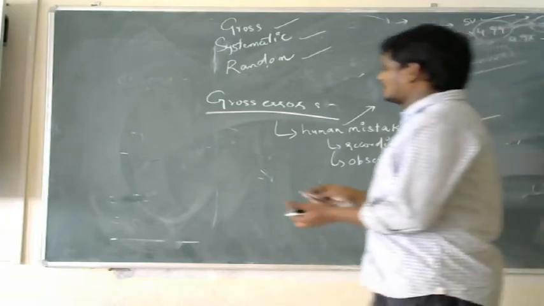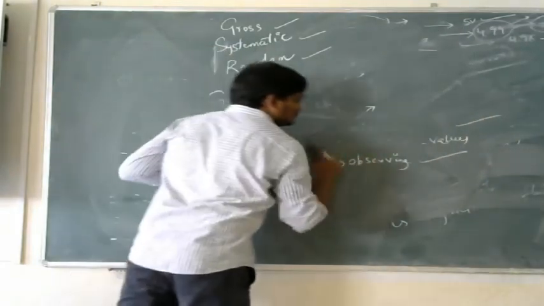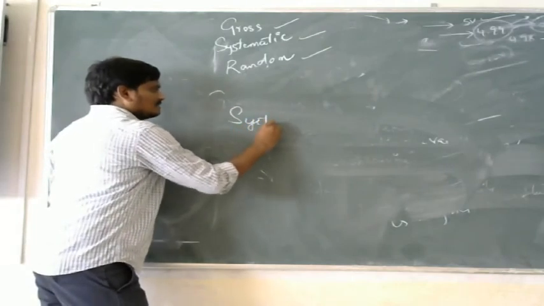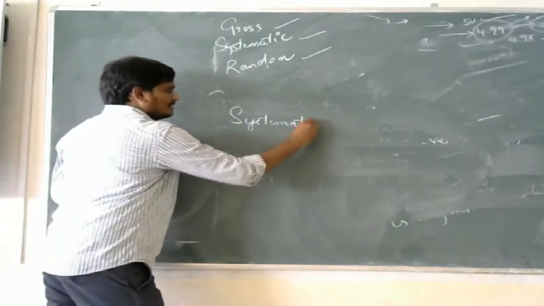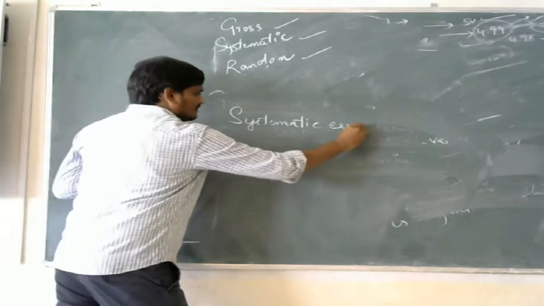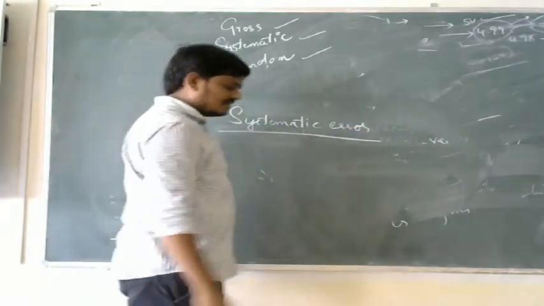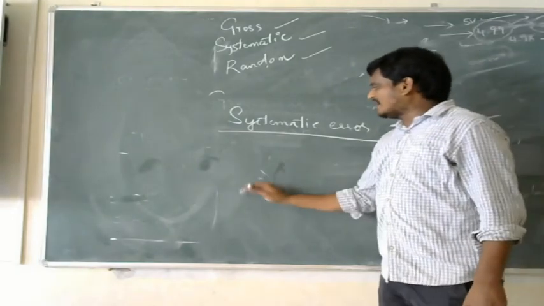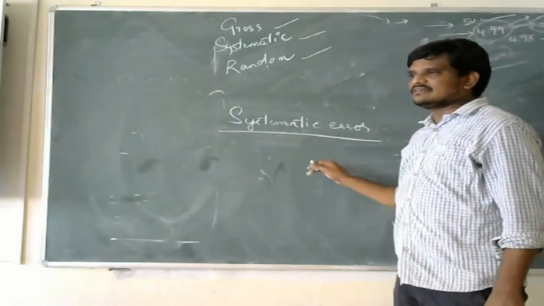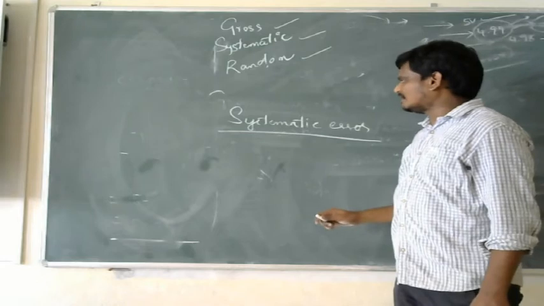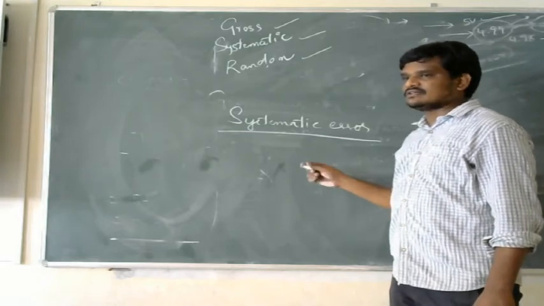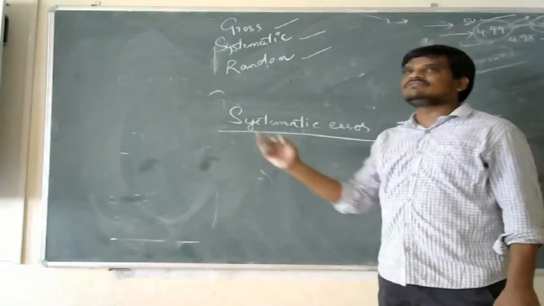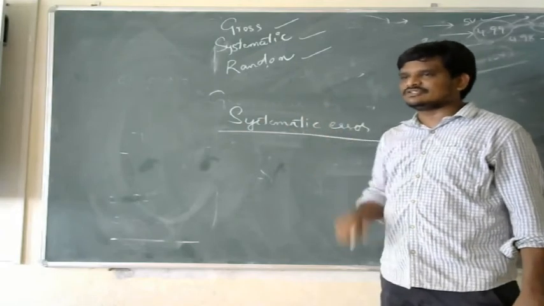Coming to the next type of error, that is called systematic error. The name itself indicates that these are the errors which occur mainly due to manufacturing defects, or the design of the instrument, or the observation, or the environmental conditions around that particular instrument.